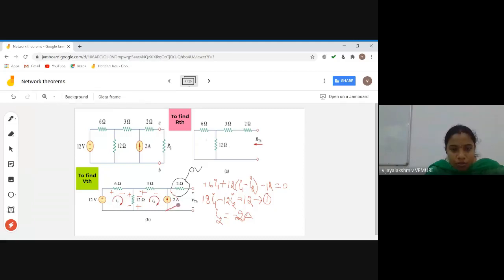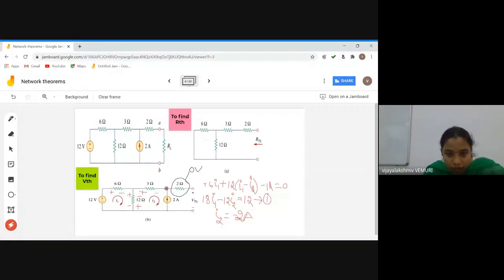This is a current source. You cannot find out the voltage across a current source, so you need to find another way to find out this Thevenin's voltage.